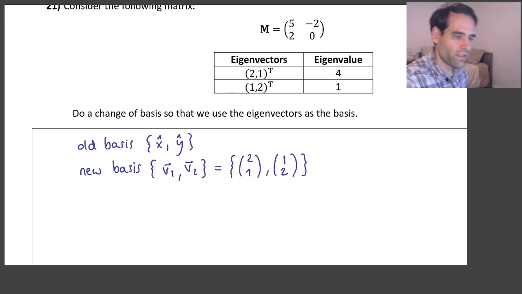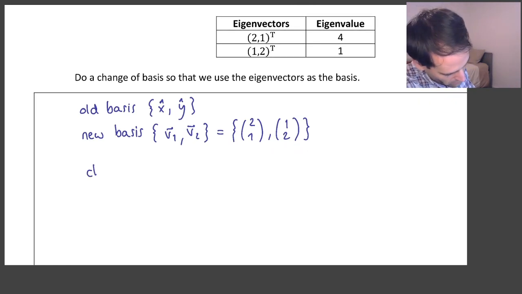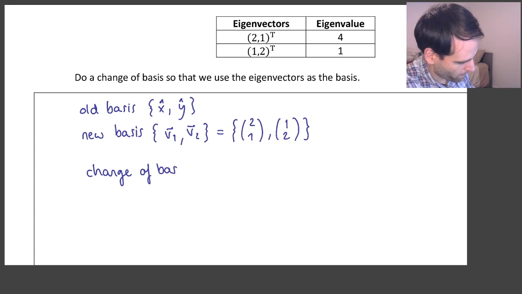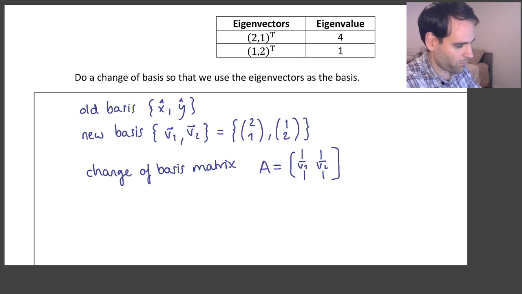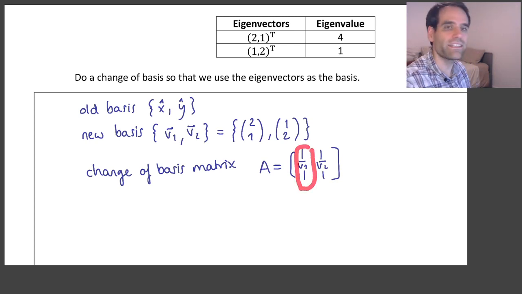Okay? So this is going to be our new basis. So our change of basis matrix A is going to be v1 and v2 placed as the columns. Remember that, right? And they are placed as column vectors written in the old basis.